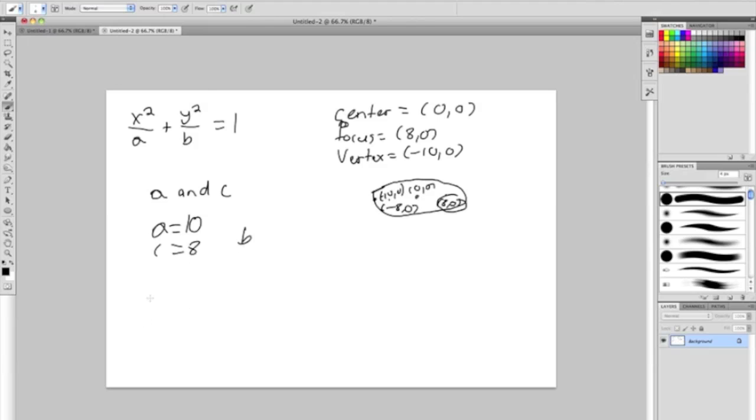How we're going to do that is we're going to use this formula: a squared minus b squared equals c squared. Now all you have to do is just plug in the numbers.